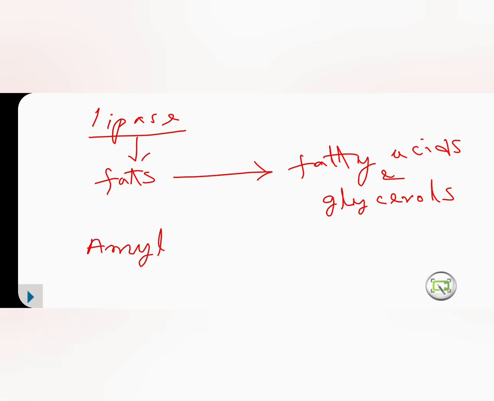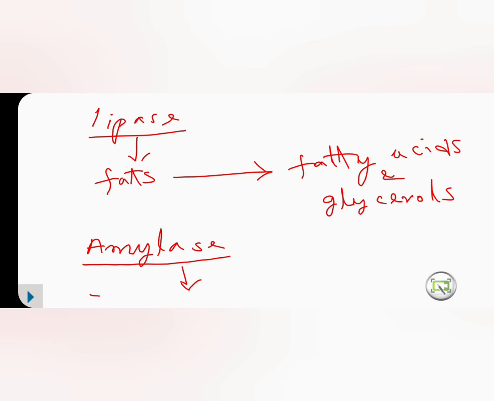There is an enzyme in saliva that is also known as salivary amylase, which is also called ptyalin, but this is pancreatic amylase. This amylase also works the same as the ptyalin works.